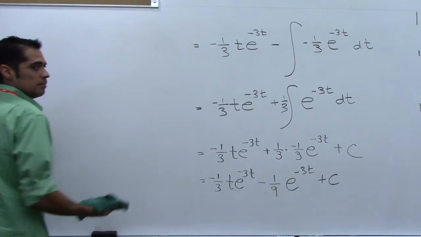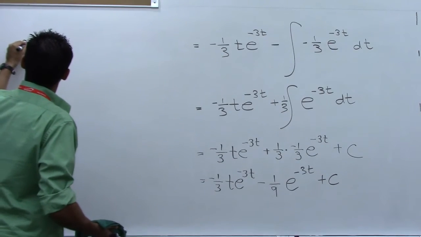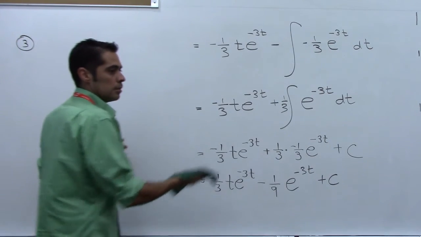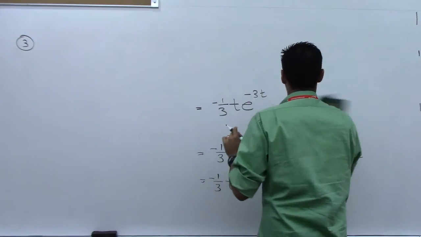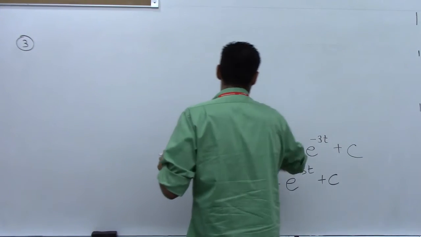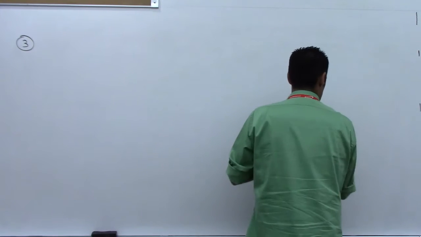Anybody have a question? The answer for 27 doesn't feel like it's going to derive correctly. You mean if you check it? Yes. The answer that I got, I don't feel like it's going to derive correctly.